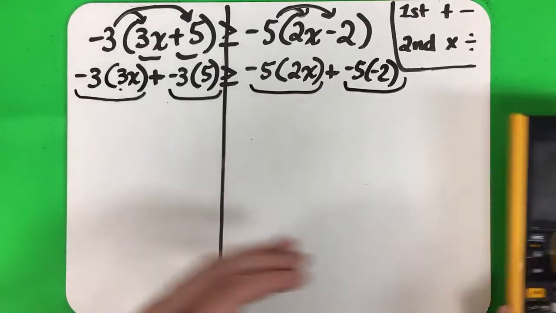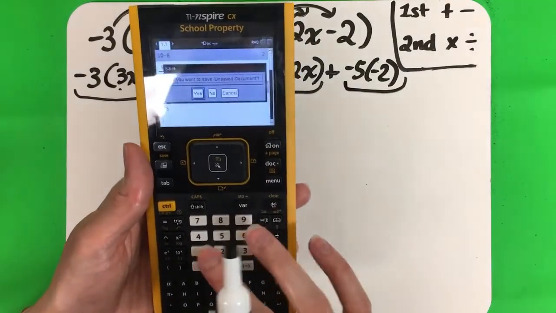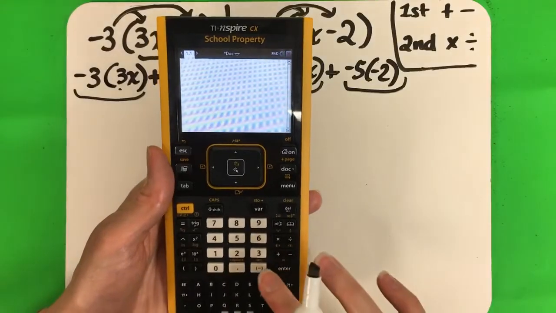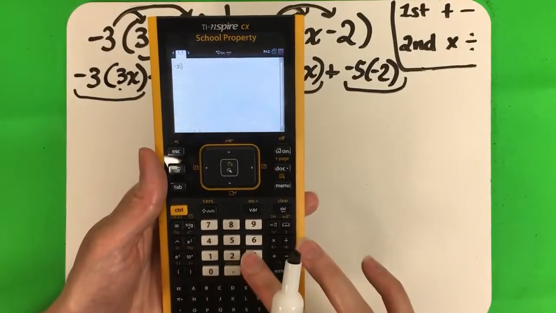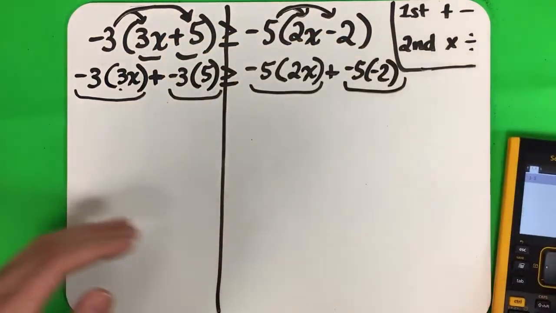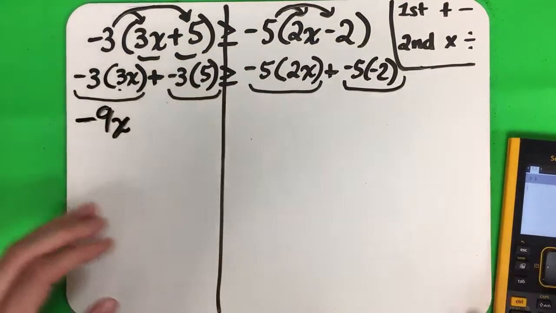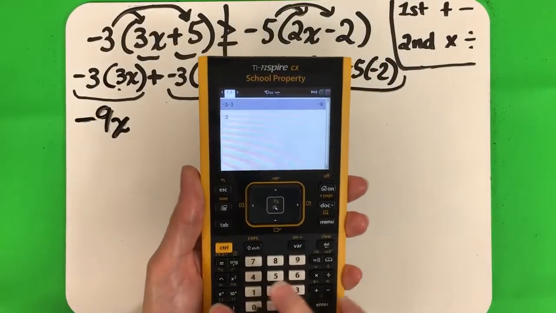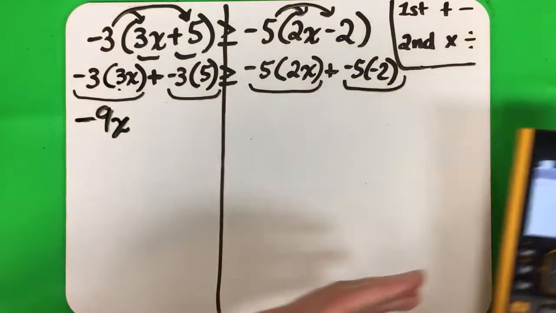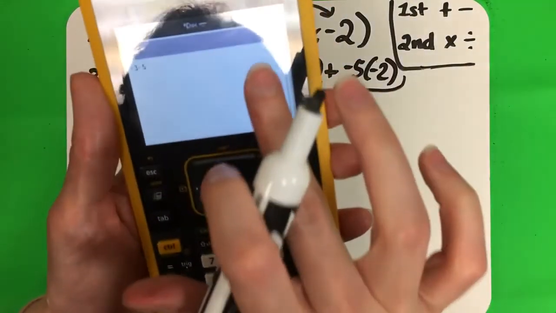-3 times 3. -3 times 3, parenthesis 3, parenthesis, enter. -9x. -3 times 5, -3, parenthesis 5, parenthesis, enter. -15.